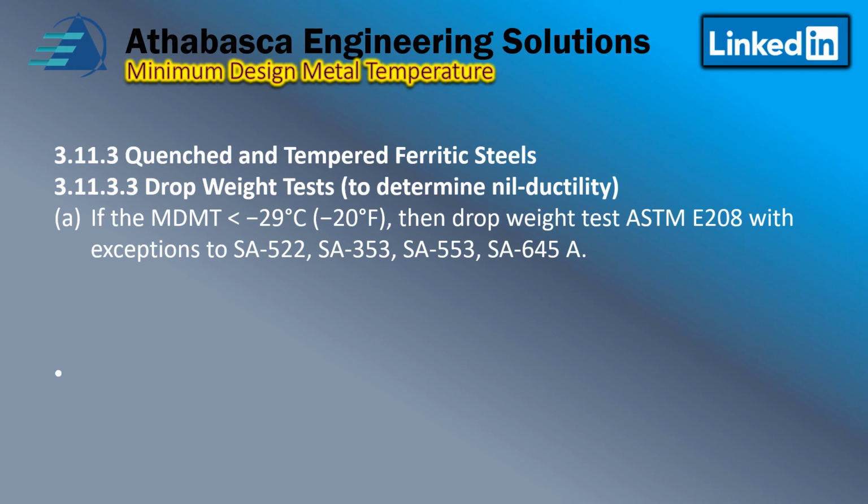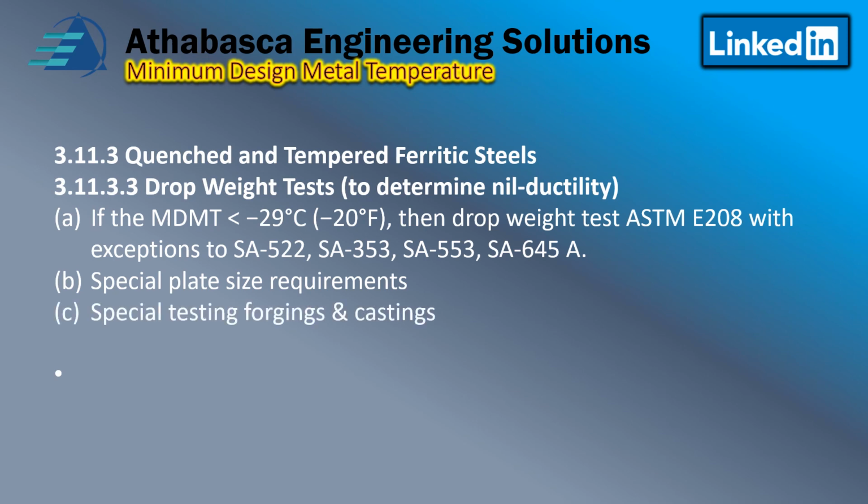One of the most common is SA 522, and there's a whole list of them in the spec, but these are examples. There are special plate size requirements listed as well, and special testing is required for forgings, and a minimum of 2 tests must pass.